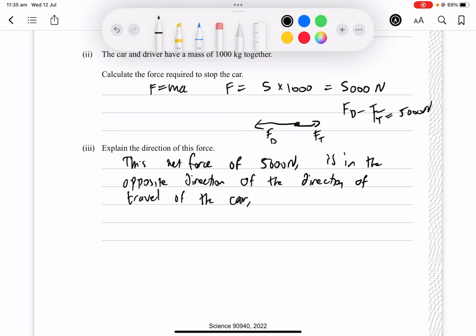And this is because the car is slowing to a stop. Okay, and that's all we need for this question.